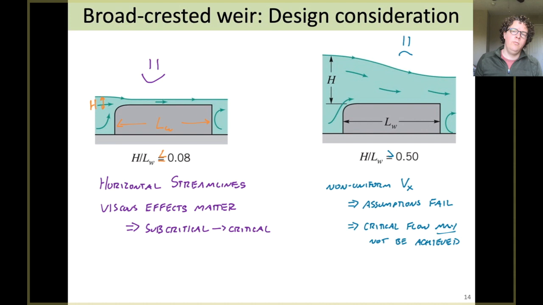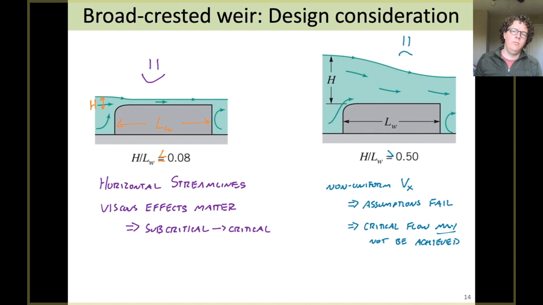You may not get to critical flow over top of that weir, and it may actually start to behave more like something that's halfway in between a sharp-crested weir from our last video and the broad-crested weirs that we've gone through here. So again, when you're designing a weir, you control the geometry, and you want to think about what is the maximum discharge that I want to measure, what is the depth of water that's going to generate, how can I estimate that value using what I know about open channel hydraulics, this broad-crested weir being in the middle.